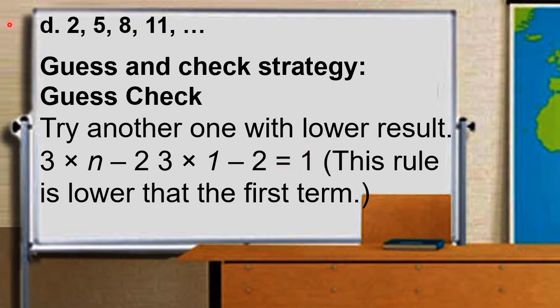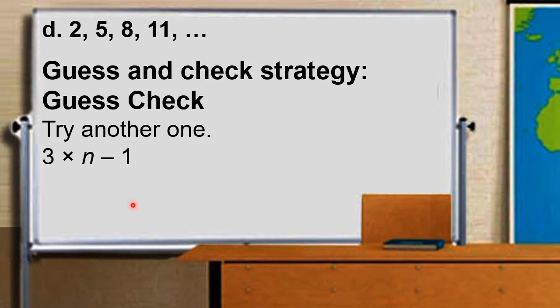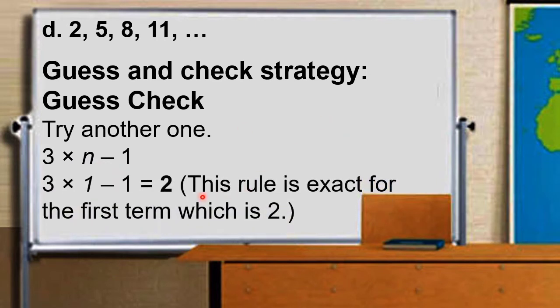So, mali ulit kasi dapat 2 ang ating makukuha. So, this rule is lower than the first term. Mas mababa siya. Let's try another one. Ang gamitin natin ay 3 times n minus 1. So, let's substitute. 3 times 1. Ang equivalent ni n ay 1 para kay 2 kasi ito ay first term. First means 1.